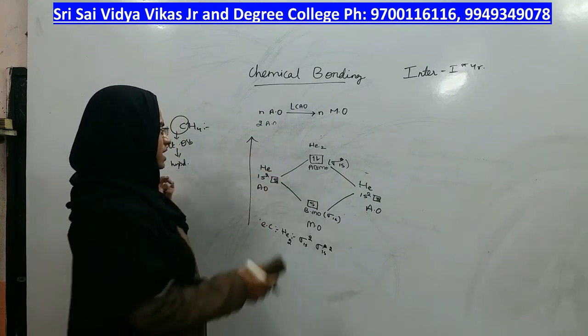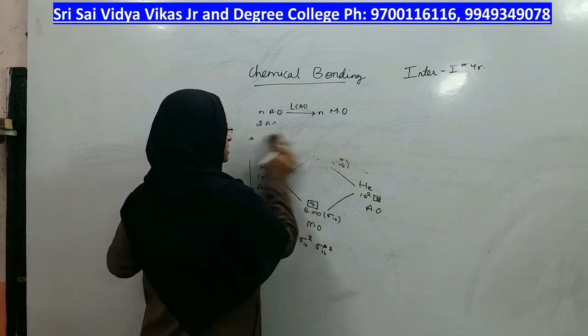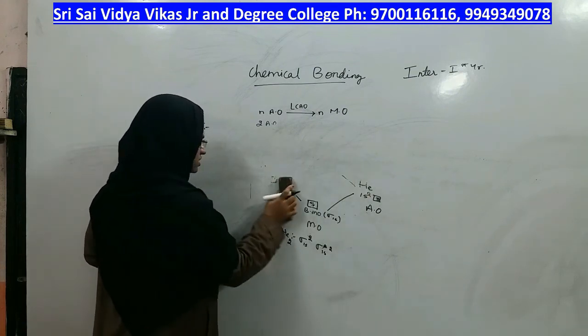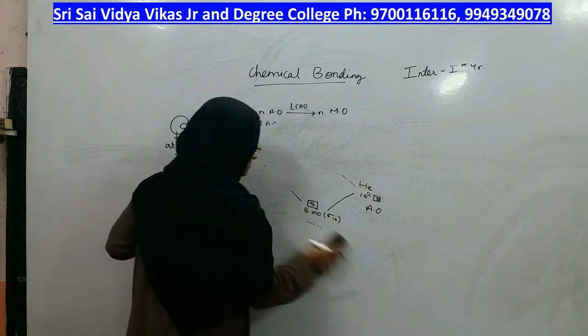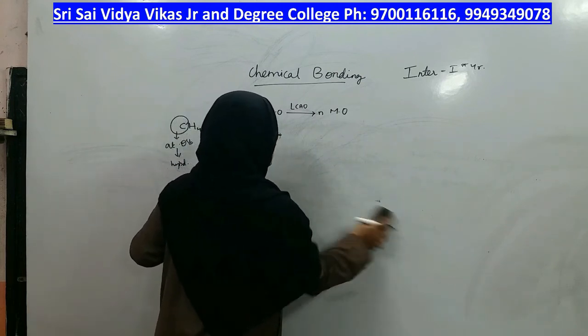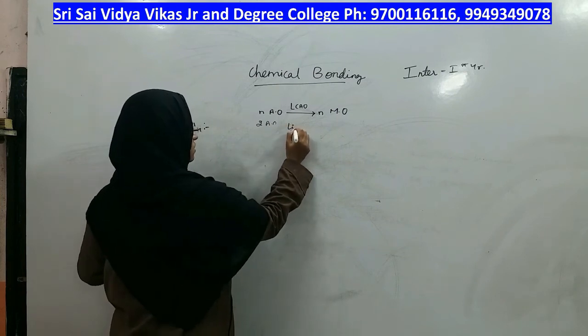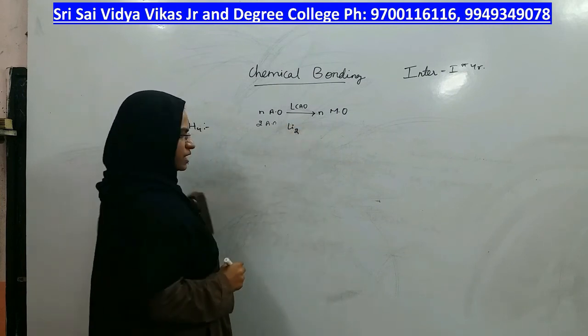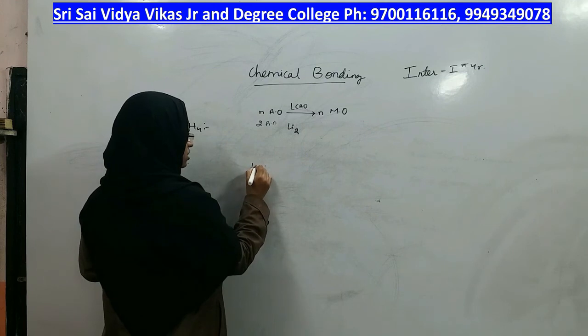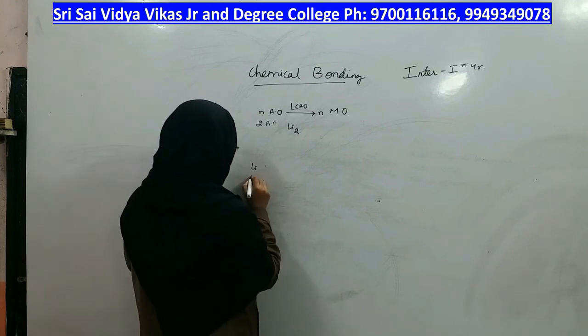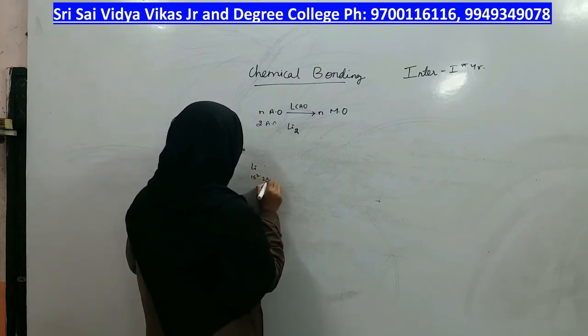Now let us apply the same molecular orbital energy profile diagram to the next molecule. What is the next molecule? The lithium molecule, right? What is the electronic configuration of each lithium atom? 1s2, 2s1.